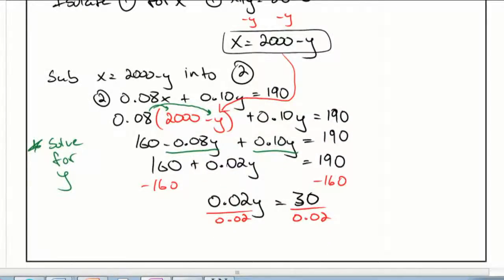Which gives me y is equal to 30 divided by 0.02, which is going to be 1500, I believe. Double check that on my calculator. 30 divided by 0.02, yes, 1500.